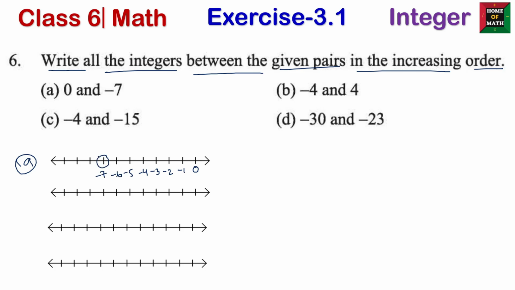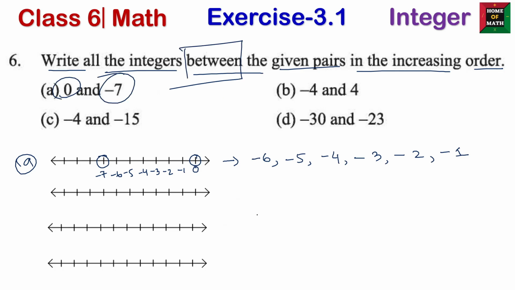So the numbers between 0 and minus 7, not including 0 or minus 7, in increasing order: minus 6, minus 5, minus 4, minus 3, minus 2, minus 1. Don't use 0 or minus 7 because here it is mentioned between the given pairs. If you include this one, you will get 0.